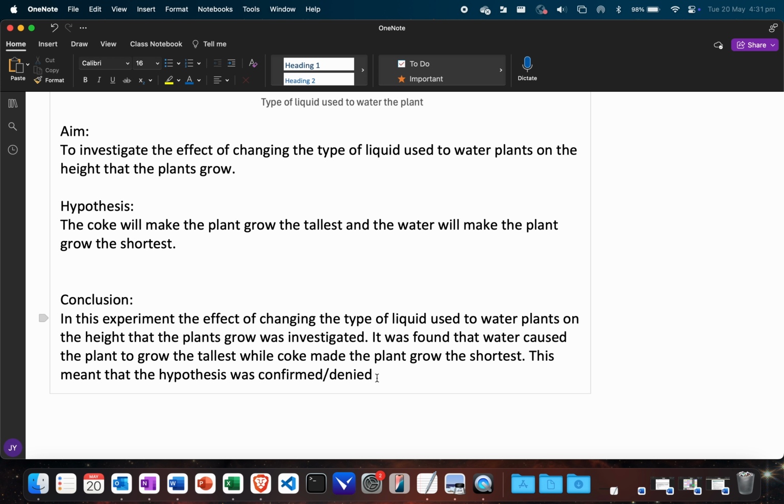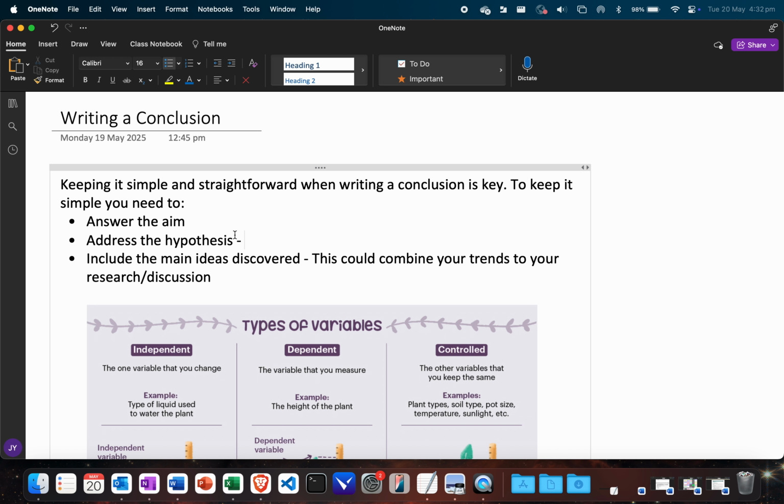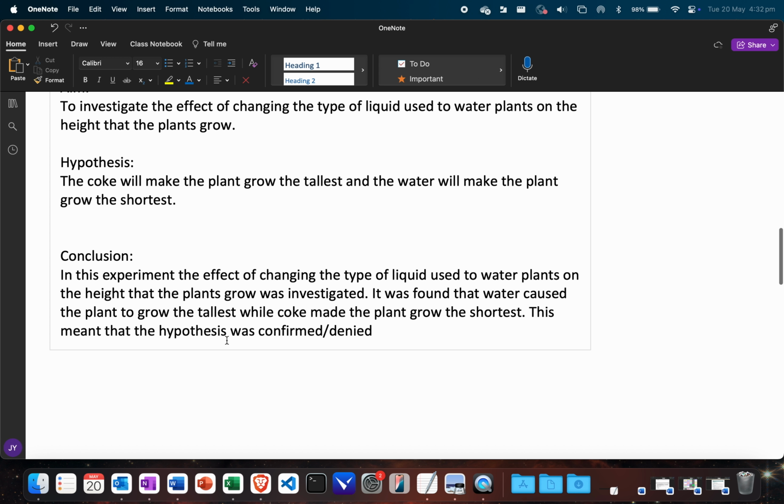In this case, I'm going to say denied. So the hypothesis was confirmed or denied, and that is a choice. There you go. So this meant that the hypothesis was denied, okay, because it was found to be not true, so it was denied.